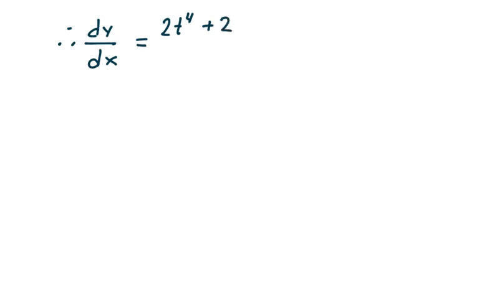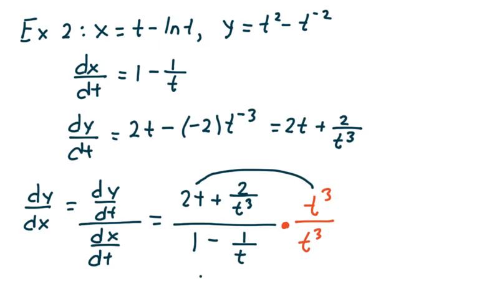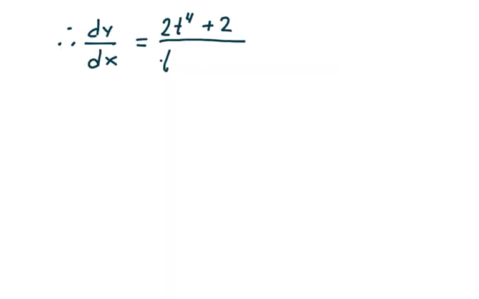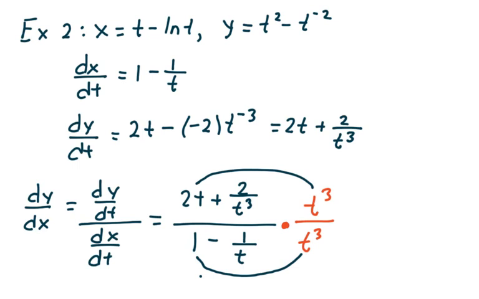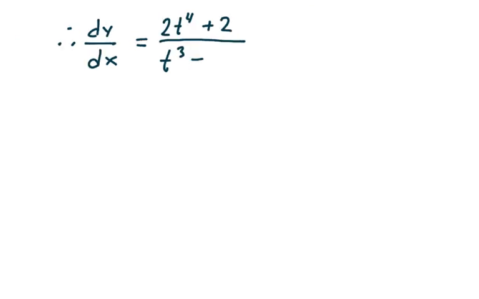So it's 2t to the fourth plus 2. That's the numerator. The denominator, you're going to take t to the third times 1. That's going to give me t to the third. And then I'm going to subtract t to the third times 1 over t. That's going to give me t squared. So you should get this when we're all done.